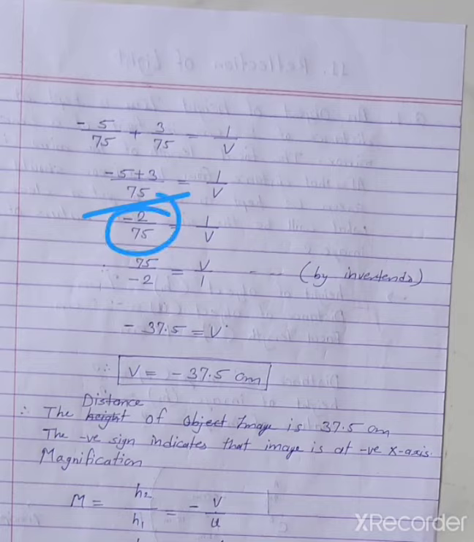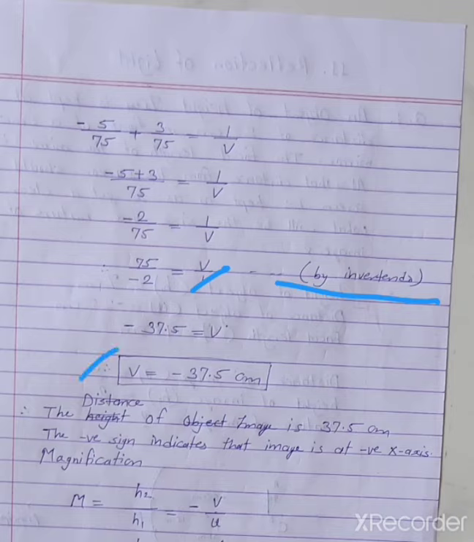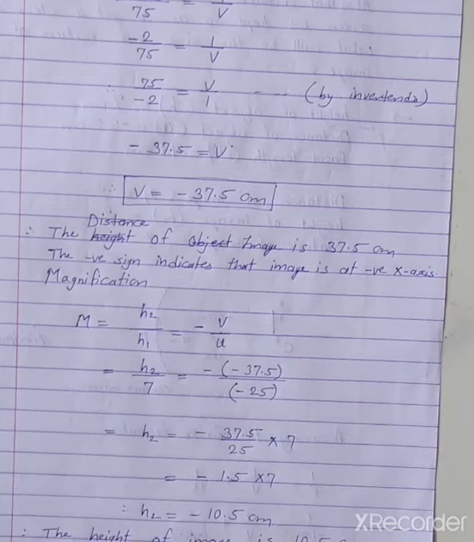But this is the value of 1 upon v. We require the value of v. So by using invertendo, 75 divided by 2, we will get the value of v is equal to minus 37.5. So v is the distance of image from its pole, which is equal to 37.5 centimeter. This negative symbol indicates that the image is on the negative x-axis.